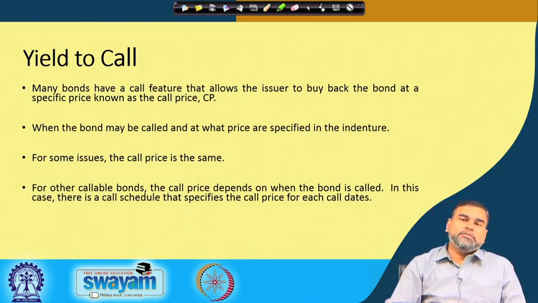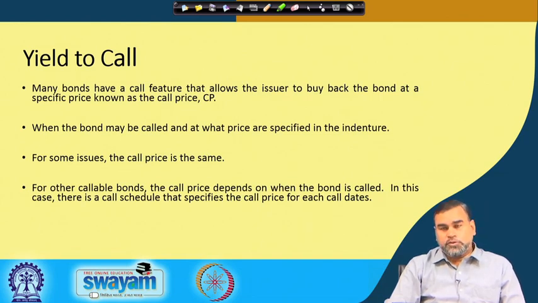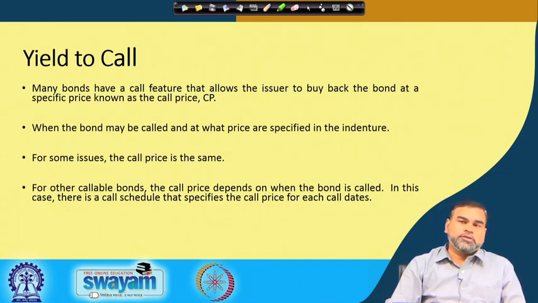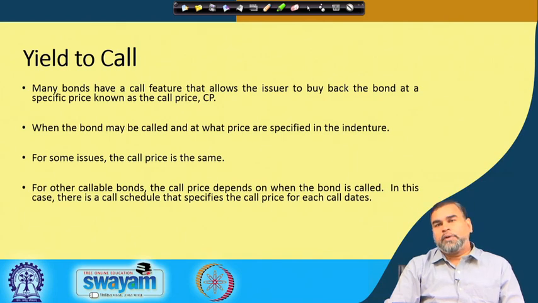For example, if one bond's maturity period is 10 years and the par value of the bond is 1000 rupees, and the bond has a call feature, then it will be mentioned in the indenture provision that after 3 years or 4 years the bond can be called back by the issuer.